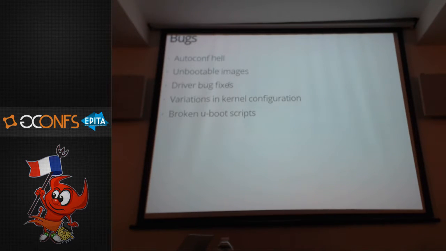The ARM image that we were generating wasn't actually bootable on the Beagle board that I was experimenting on. The GPIO driver wasn't working properly, which Paul Giotti helped me fix.